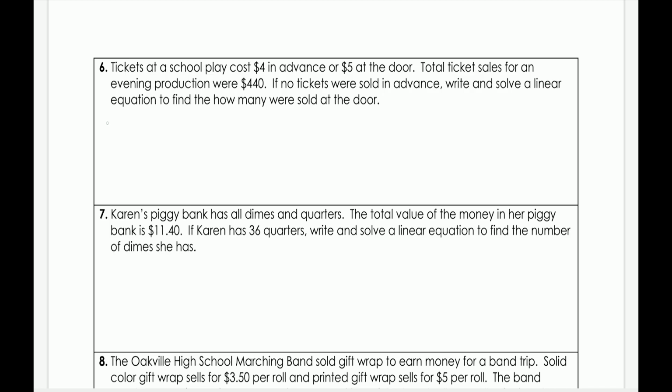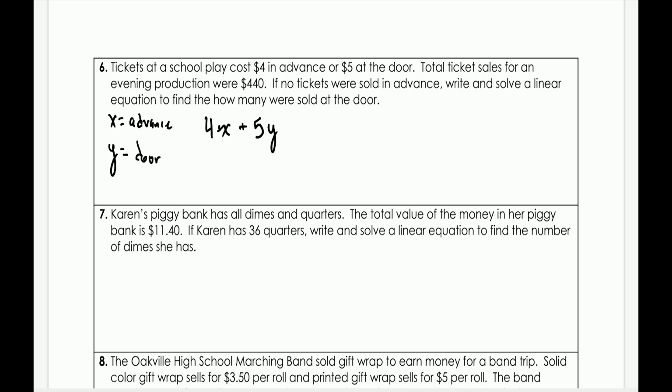So let's say that x represents the tickets sold in advance, and y represents the tickets sold at the door. Okay? So we have that the advance tickets were $4 a piece, and the door tickets were $5 a piece. So if we take 4 multiplied by x plus 5 times y, that gives us an idea of how much money we made.